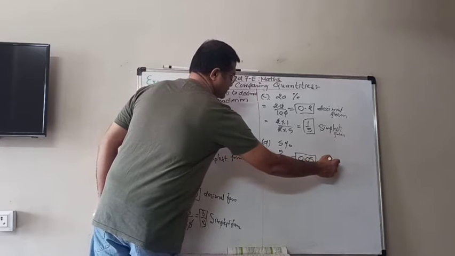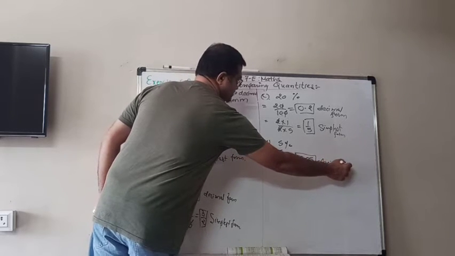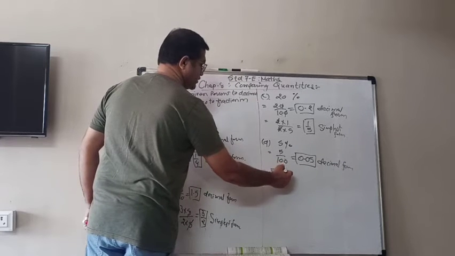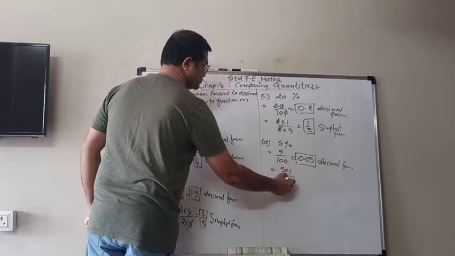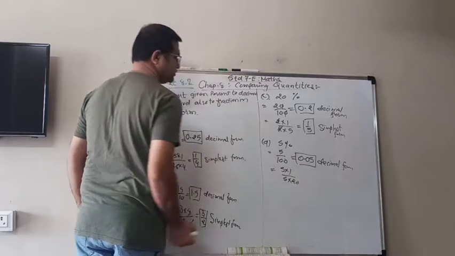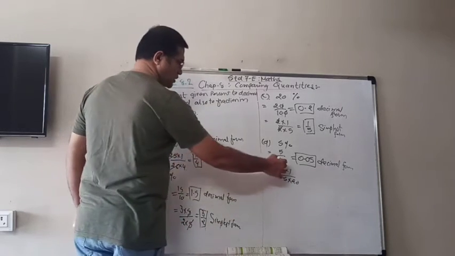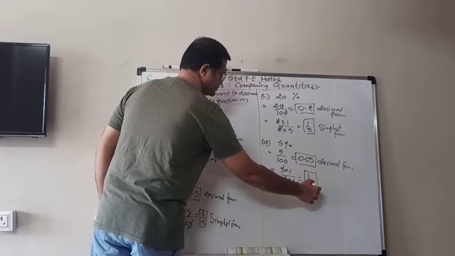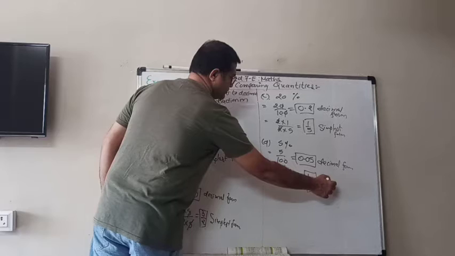That is our decimal form. So now 5 1s are 5, 5 20s are 100. So the 1 upon 20, that is the simplest form.